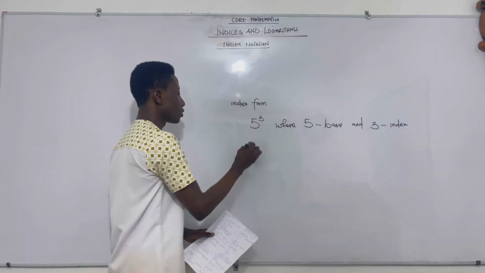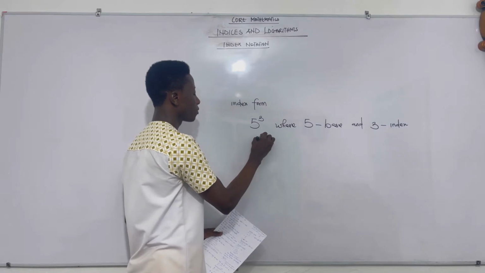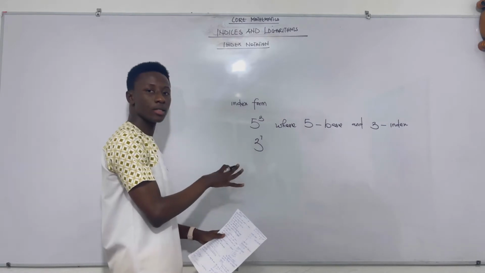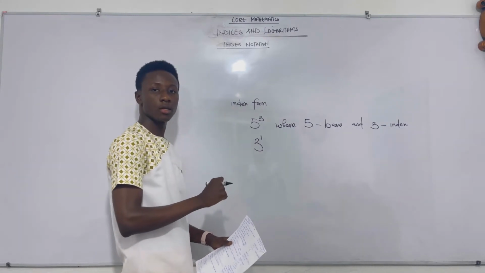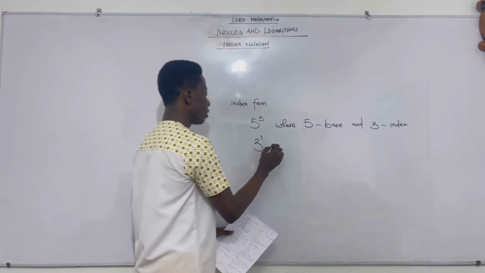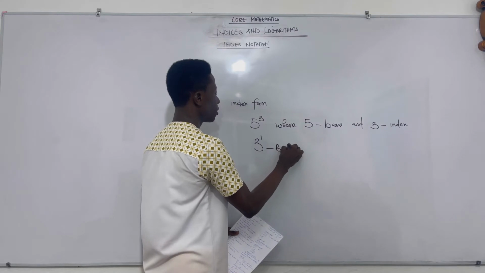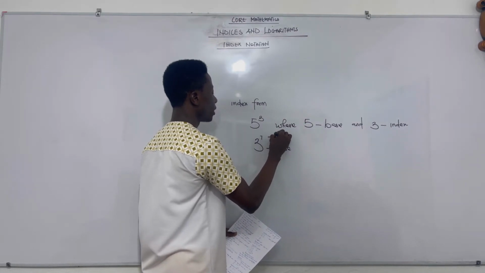Okay, so we can have 3 exponent 7. This is also presented in an index form, and over here the 3 is the base, and the 7 is the index.